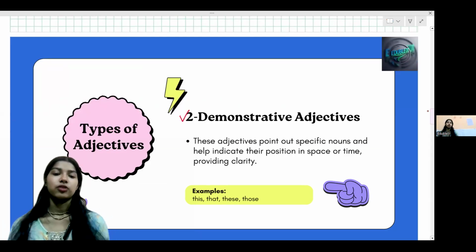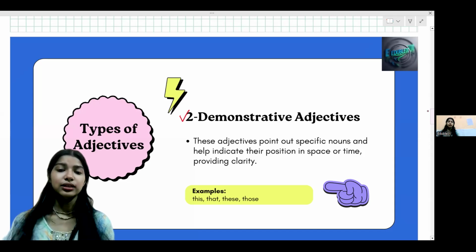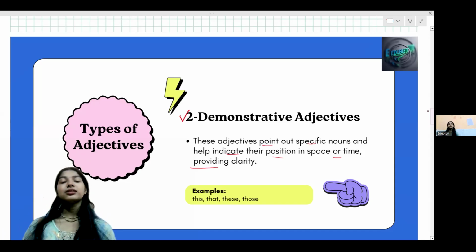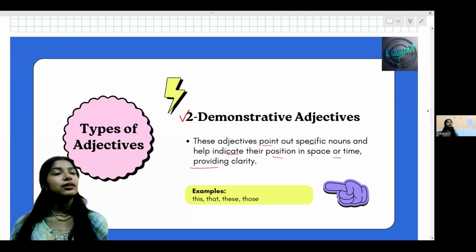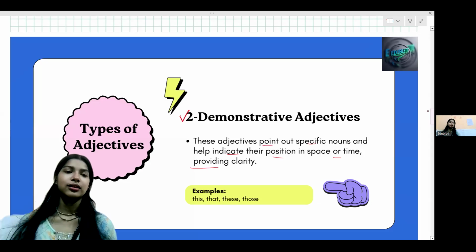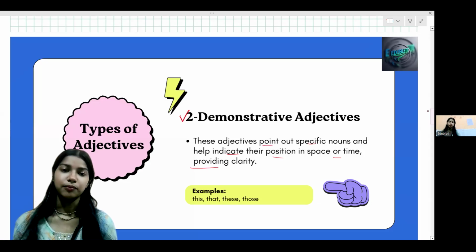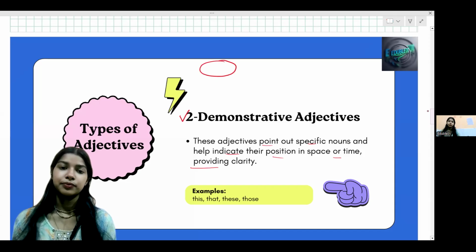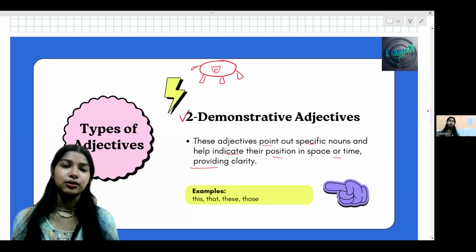Next is demonstrative adjective. These adjectives point out specific nouns, help indicate their position in space or time, providing clarity. Just like that, let's say I'm talking about a table on which there's a plate, inside which there are some grapes.